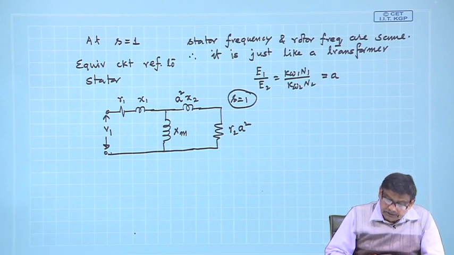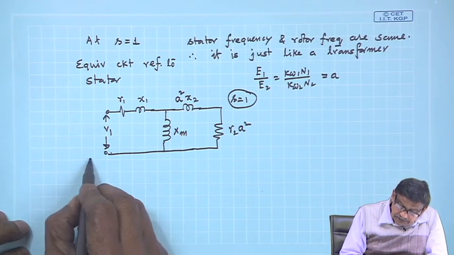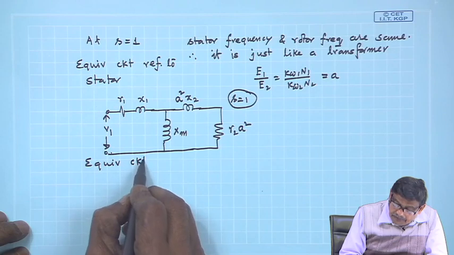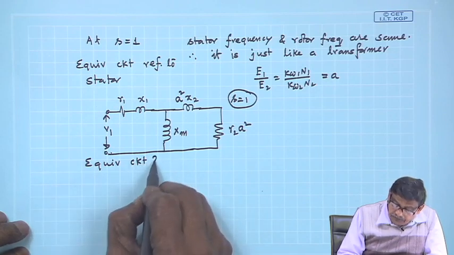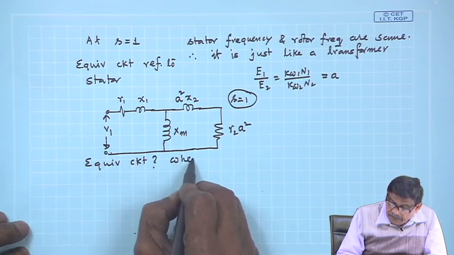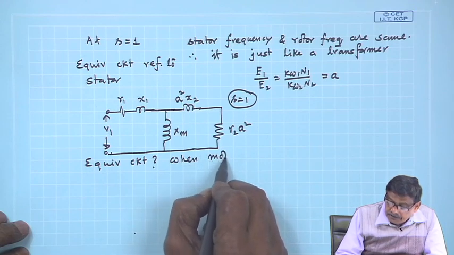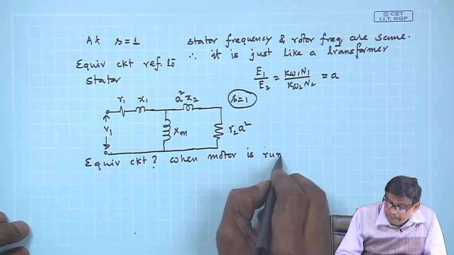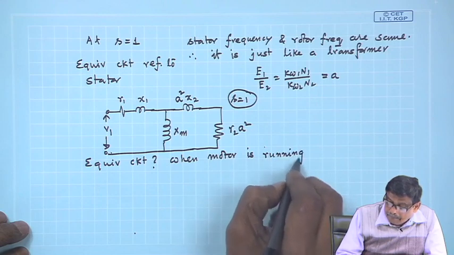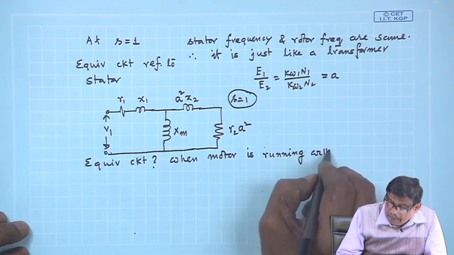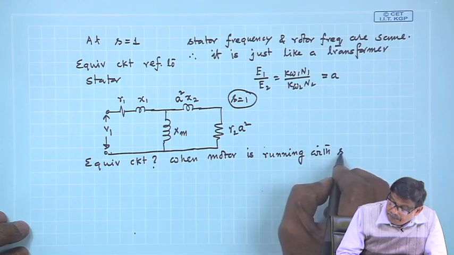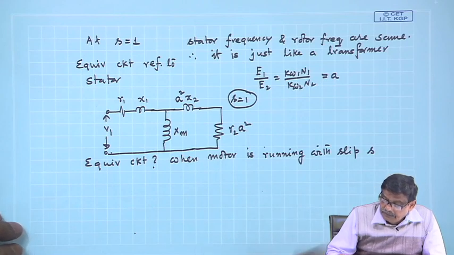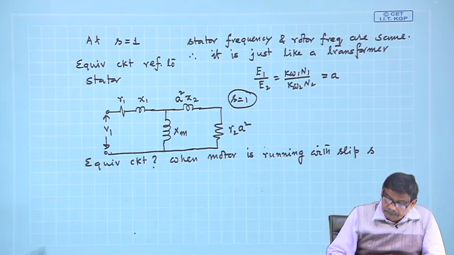Now, the question is, what will be the equivalent circuit when the motor is running with some slip S, which is not equal to 1?